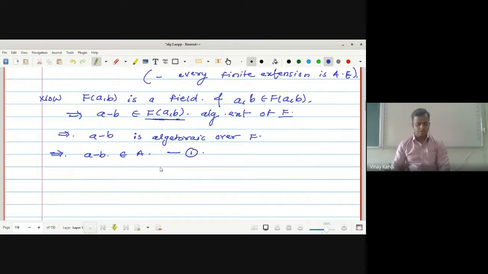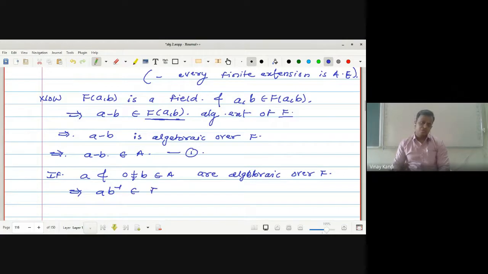Now for the second one, a b inverse belongs to A. If a and the non-zero b are algebraic over F, a belongs to F(a,b) and b belongs to F(a,b), and F(a,b) is a field.